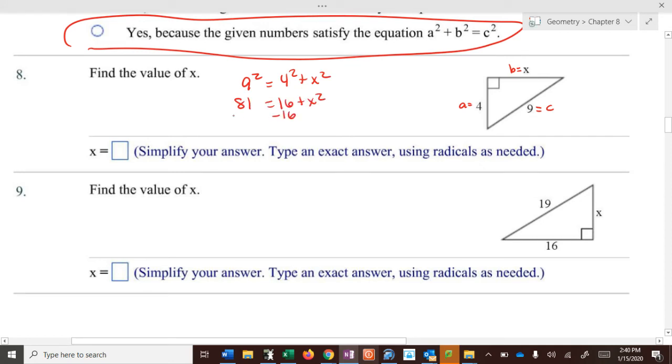We subtract 16 from each side. X squared equals, what's 81 minus 16? 65. Does that have a perfect square root? No. Any perfect squares go into it? No. So the answer is just the square root of 65. We leave it like that.